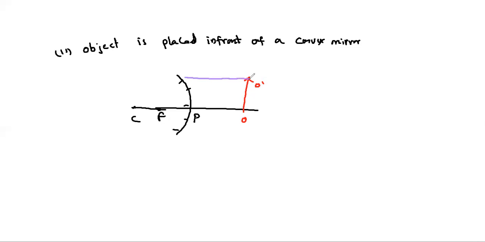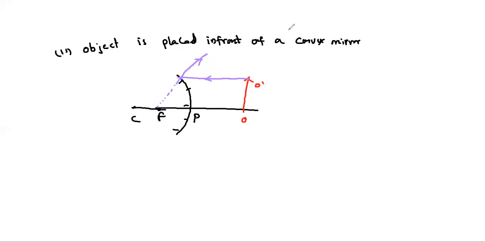The ray which is passing parallel to the principal axis, after reflection, will diverge through the focus. Wait a second, I will draw neatly. It will diverge through the focus. This is my reflected ray.